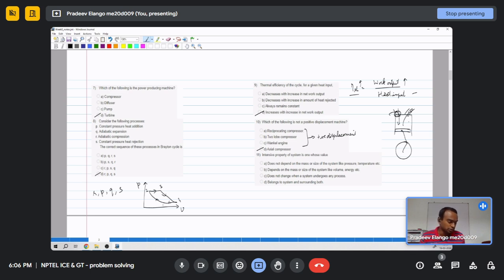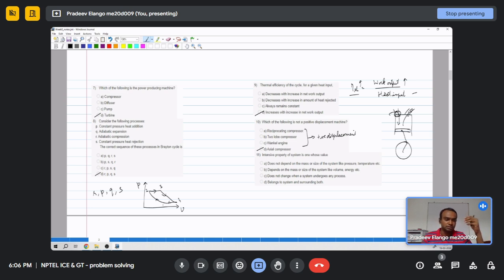Now you have some volume, and then you compress positively within the volume, and then you get the pressure rise. So these are called positive displacement.